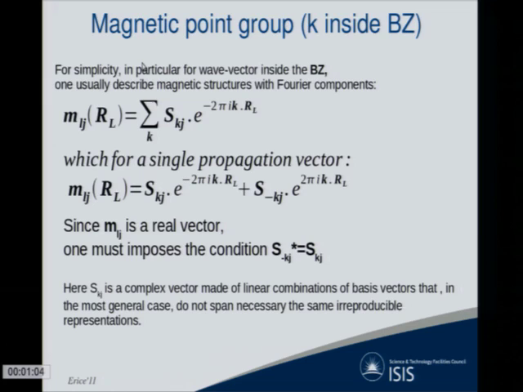And this simplifies a lot the formalism of describing complex structures. For example, a structure that will rotate in the AB plane will be simply the linear combination of two vectors, one that is real along A, let's say, and another vector that is purely imaginary along B. Okay, and this is also decomposing like that. It makes it very well adapted to representation analysis, which is of course something happening in complex space.